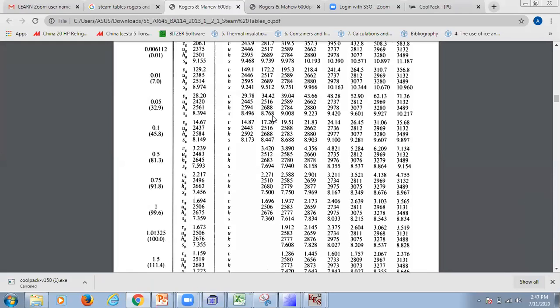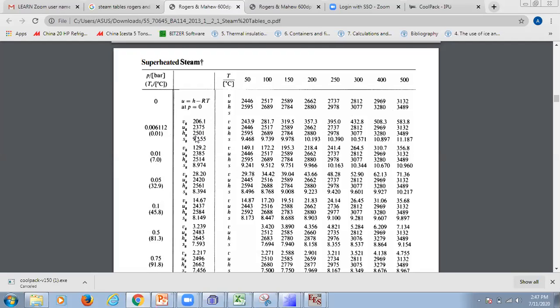And when it comes to the superheated, again water and steam, you can see the same entropy, SG values, of course, all in gas form, superheated form.